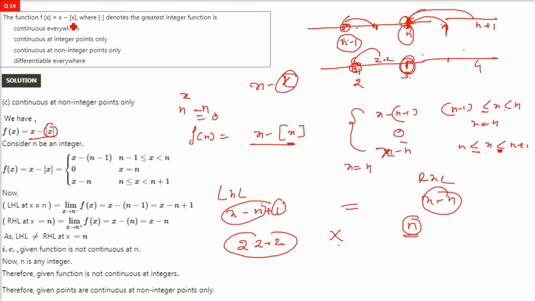So this function is only continuous at non-integer points, and it is discontinuous at integer points, because in non-continuity I showed you at x equals 1. Because of this GIF function, the greatest integer function, it is very clear that it is continuous at non-integer points but discontinuous at integral points, which is n, which we have shown taking x equals n. At 1, on the left hand side we got 1, on the right hand side we got 0. Okay, so I hope you got the idea of this.